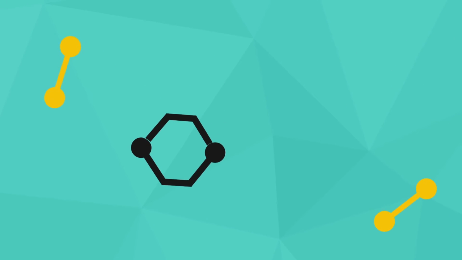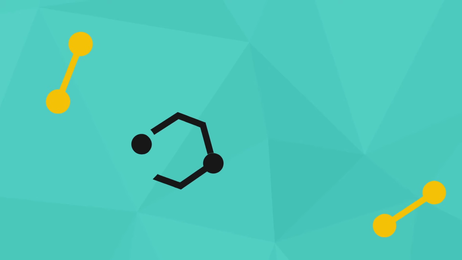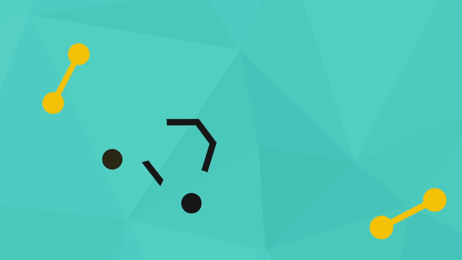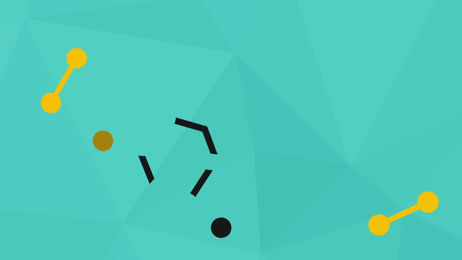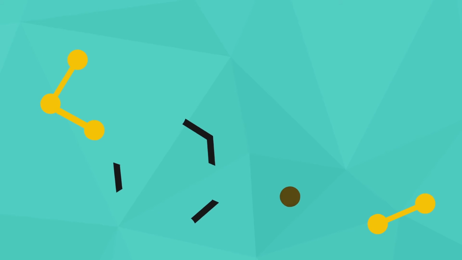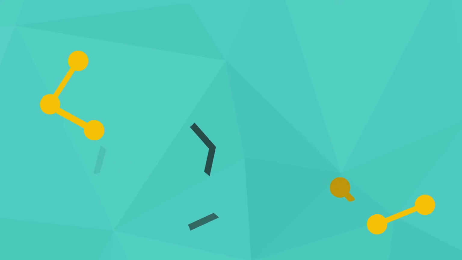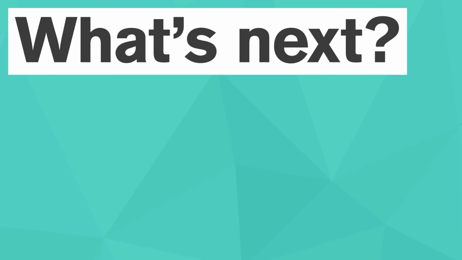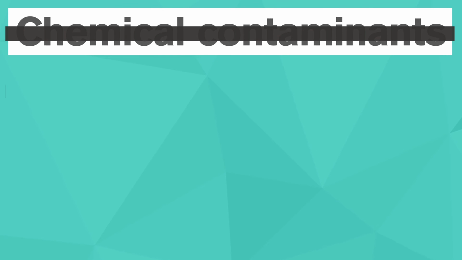So they find the first chemical they can and steal electrons from it. After losing enough electrons, the contaminant can no longer hold itself together, and it breaks apart through this process called oxidation.